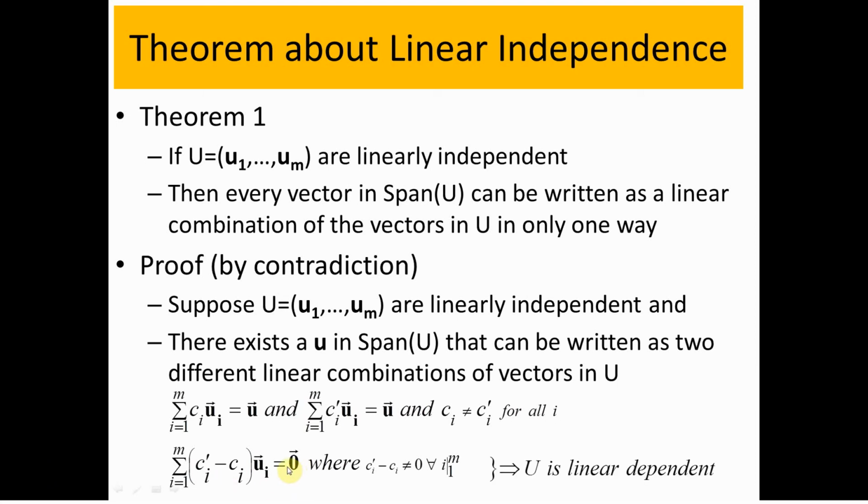But that can't happen because the vectors are linearly independent. This would suggest that they're linearly dependent. Because remember, to show linearly dependent, all I have to do is come up with one linear combination of the vectors where the coefficients are not all zero that gives the zero vector. And I've come up with one here. So therefore U is linearly dependent, but that contradicts the fact that U is actually linearly independent. There's our contradiction.